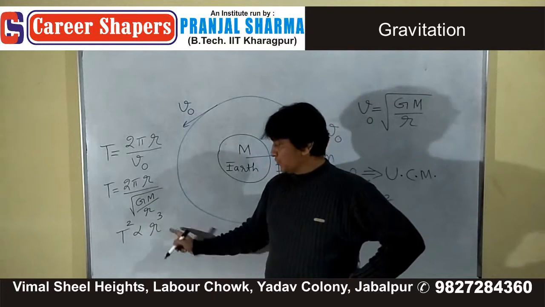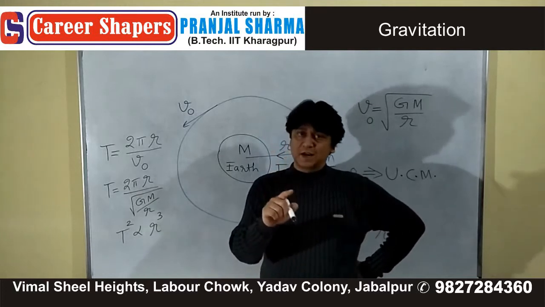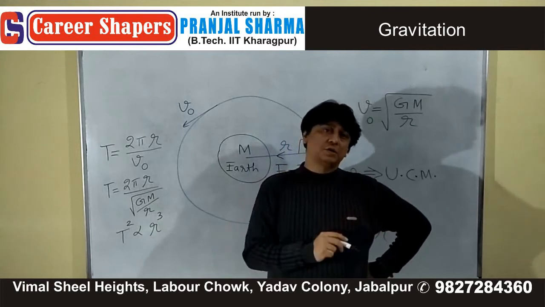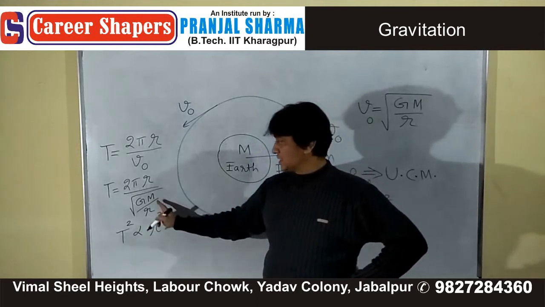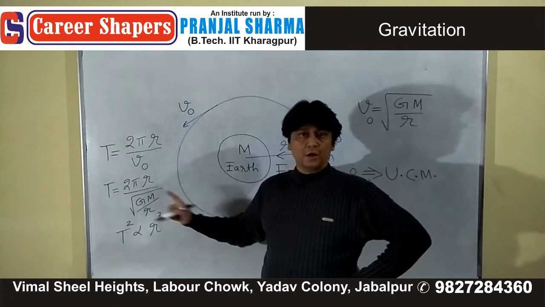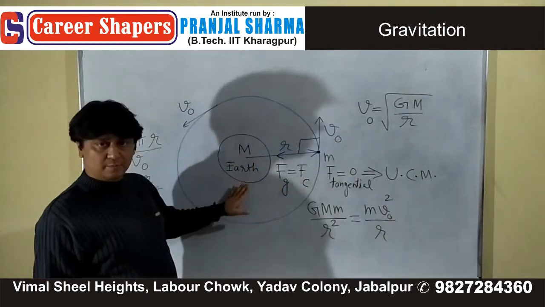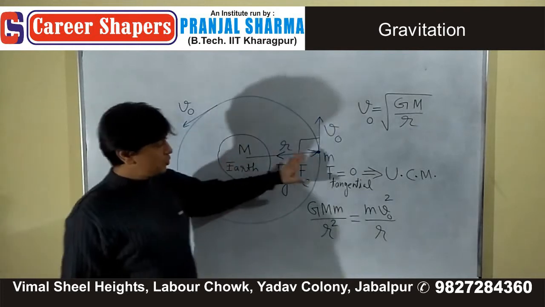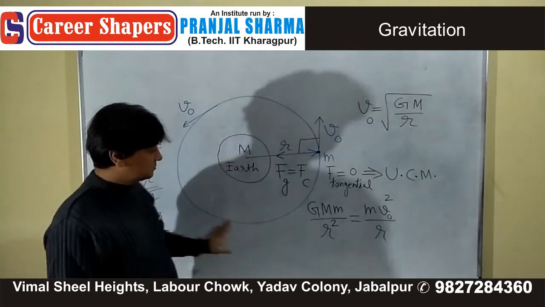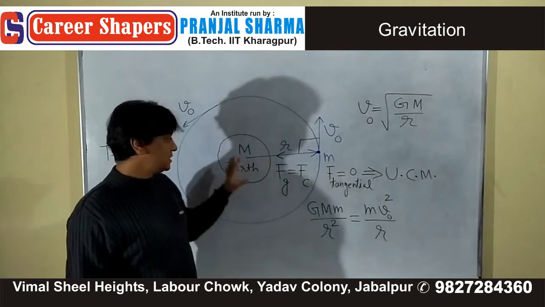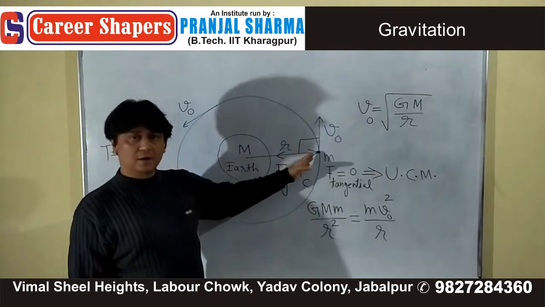You cannot use this formula for a satellite of Earth and a planet which is revolving about the Sun, because in that case capital M is different. What is capital M? Capital M is the mass of that body about which all these things are moving. So if you say that this is the Sun, then they are planets.